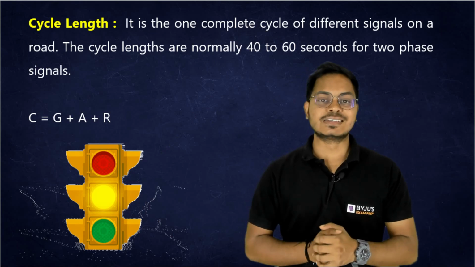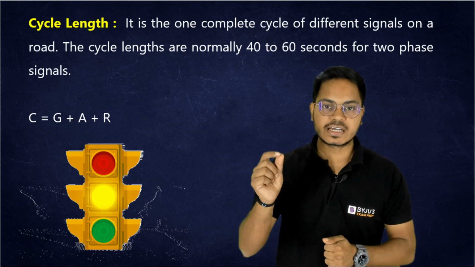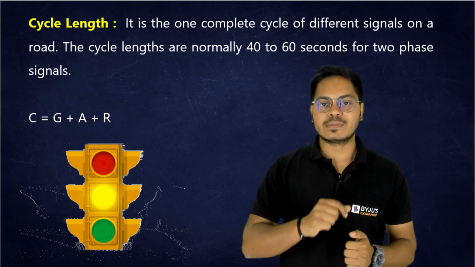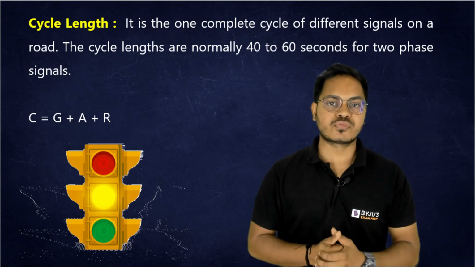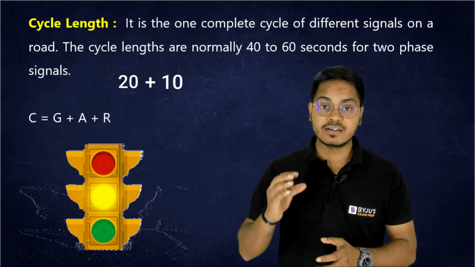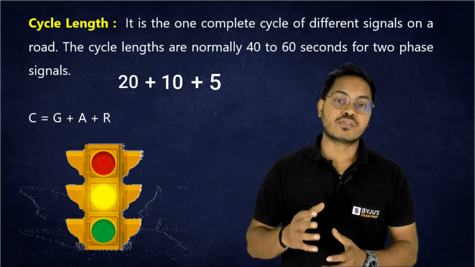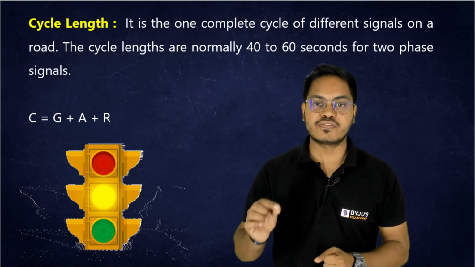The first term in traffic signal that you need to understand is the cycle length. Cycle length is nothing but the total duration for which the green light, the red light, and the amber light were on. So for example, if the green light was on for 20 seconds, the red light was on for 10 seconds, and the amber light was on for 5 seconds, the total cycle length becomes 35 seconds.